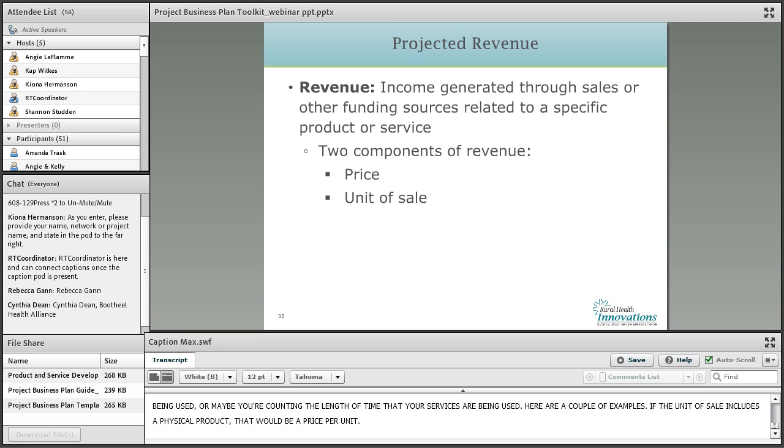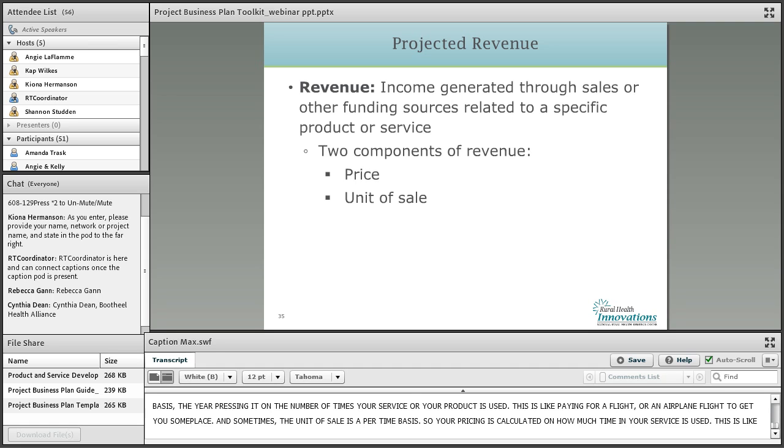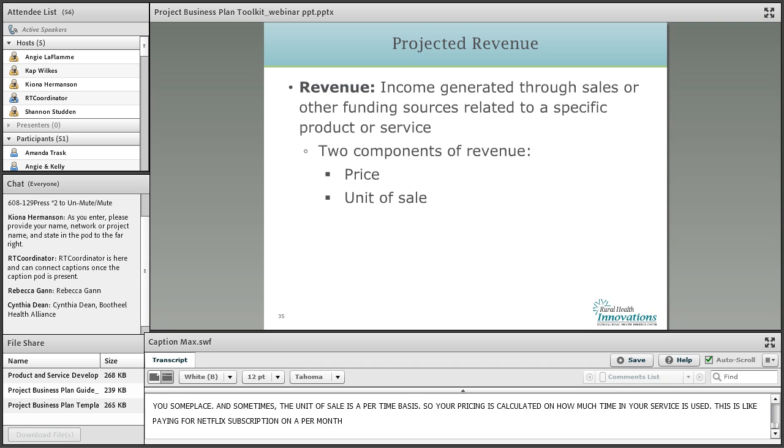Indirect costs are typically those expenses related to general administration of a project and are not used for producing or delivering the product or service. For example, again in our organization here at Rural Health Innovations, our indirect costs could be accounting services, insurance premiums, office space, rent, utilities, and supplies, those kinds of things. When we have more than one product or service, the total sum of indirect costs may be allocated to each product or service, as Angie mentioned earlier.